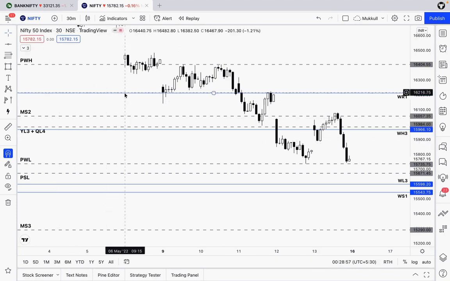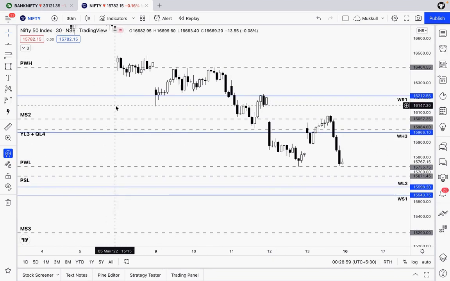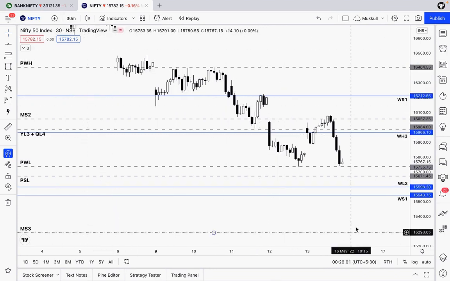Now, this is only levels. You do not require any sort of fancy indicators or analysis to do. Simple. You just need to know the characteristic of a particular pivot level, and you can automatically react when that particular level is being touched or tested, right?